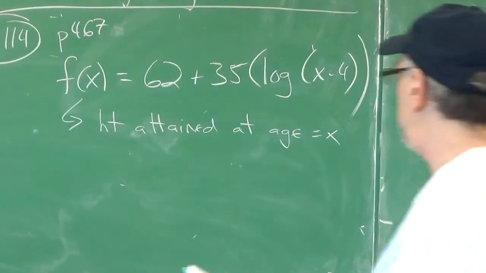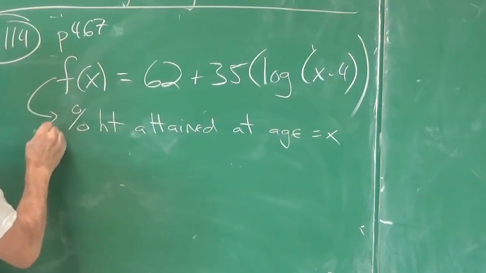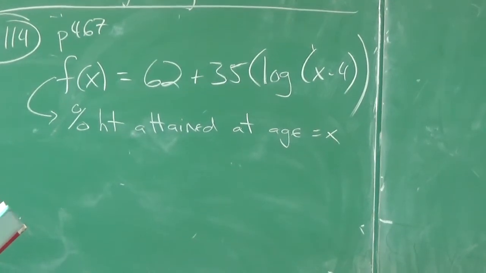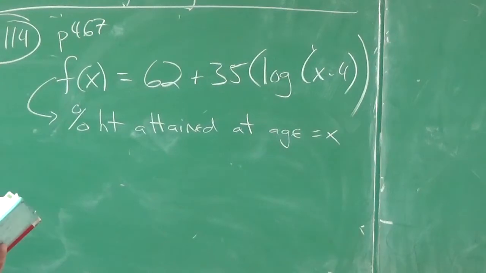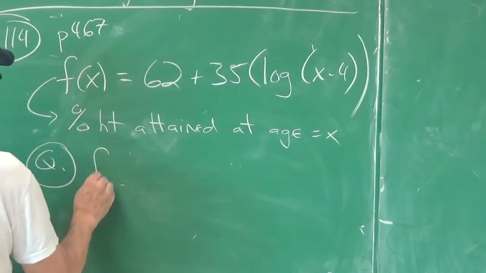This is the percentage of height attained. Percentage of your total height that you attain at a certain age. And you could read this again, number 114. Okay, so the question is approximately what percentage of her adult height has a girl attained at age 10? So all we're doing here, question basically is, what is f of 10?